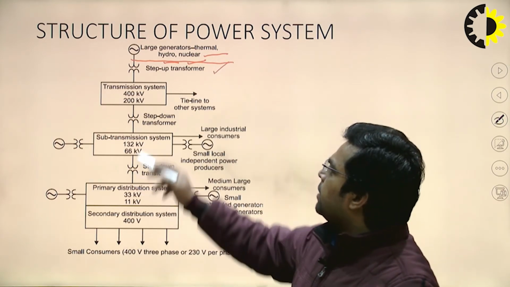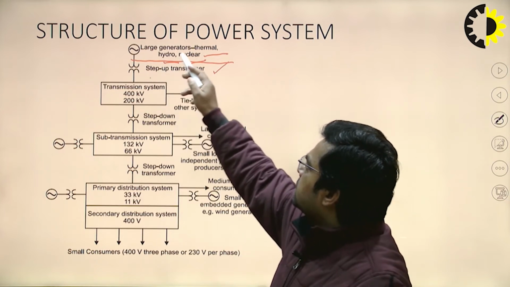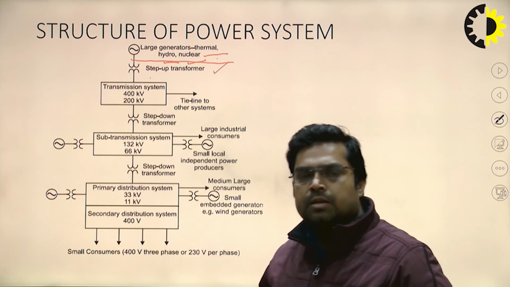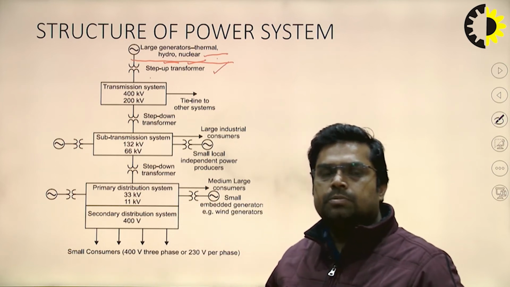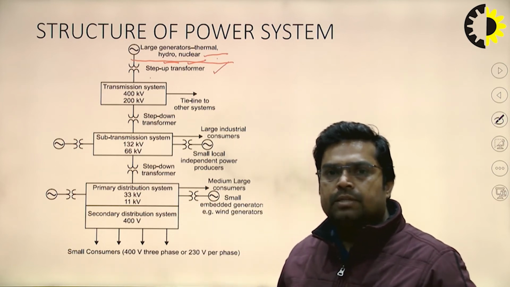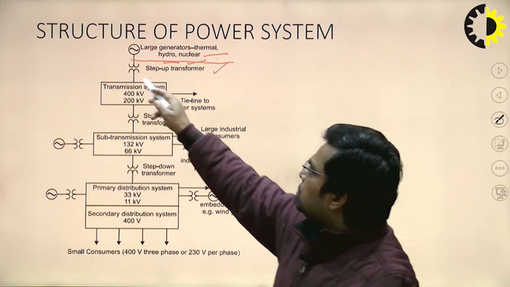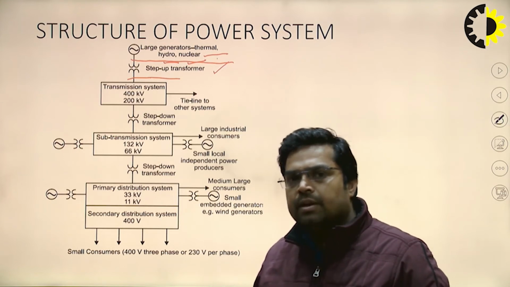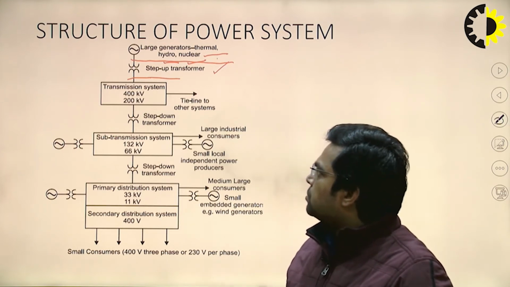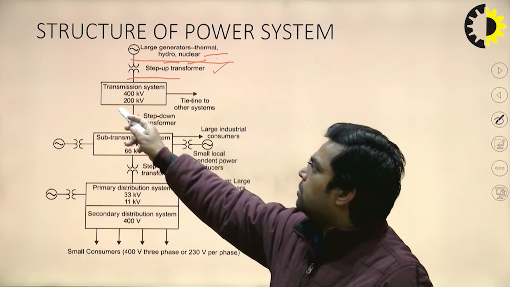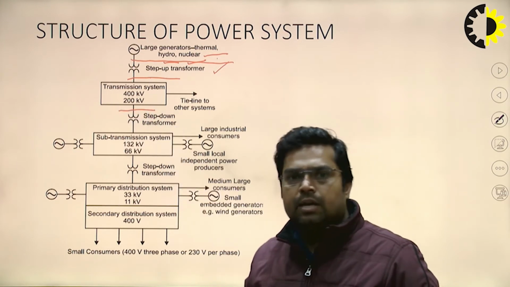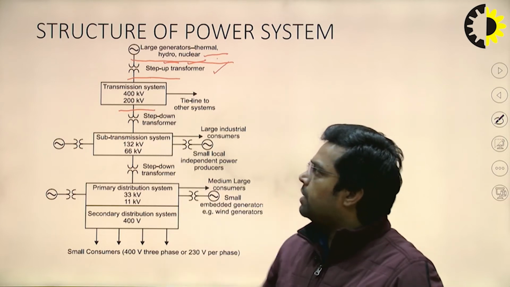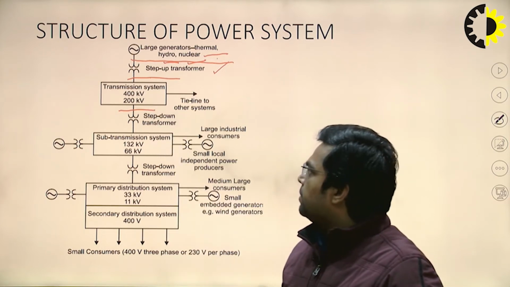Again, you can see this is generated at the lower voltage side, and with the help of a transformer we can step up the voltage according to the use. So you can see there is a step up transformer, through which we can step up the voltage to the range of the primary transmission. In primary transmission, you can see the voltage range will be 400 kV and 200 kV.